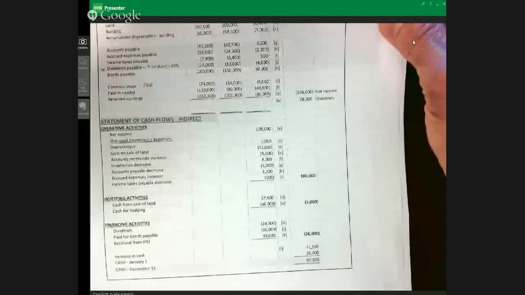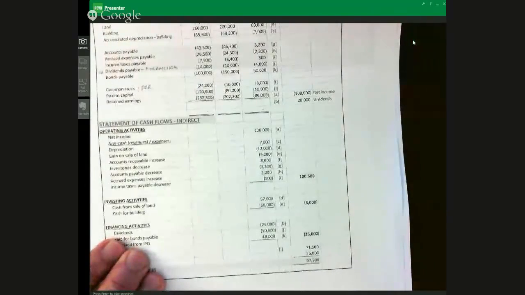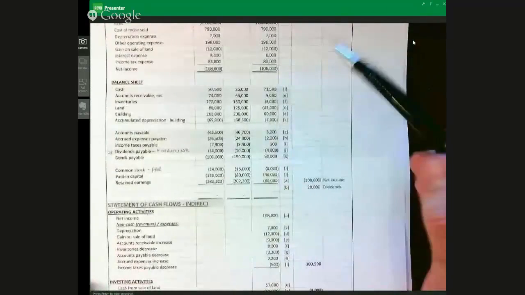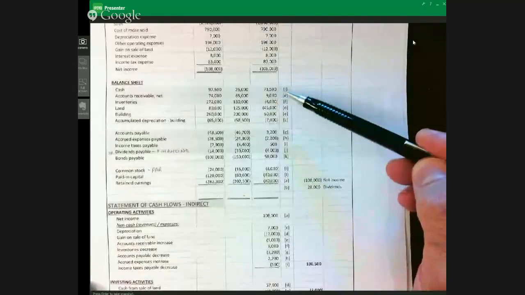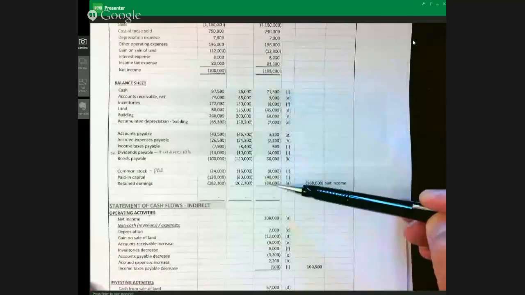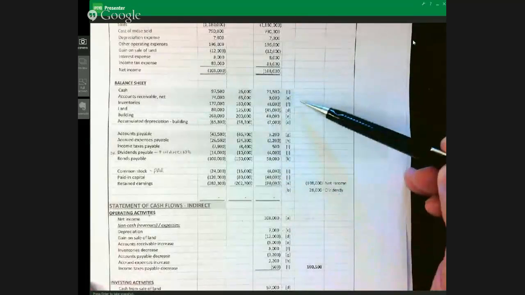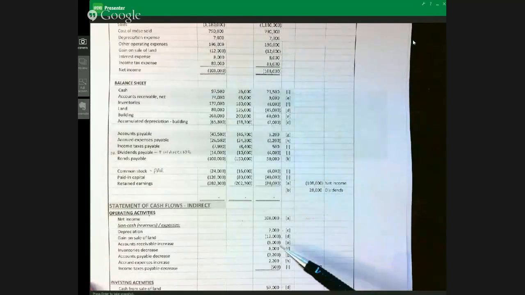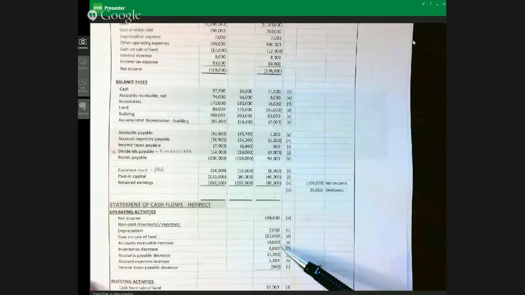Okay, that is the general background behind the preparation of the statement of cash flow. To summarize, the change in cash can be explained by the changes in all the other accounts. Whatever debit is necessary to explain a change in the balance sheet is offset by a credit to the statement of cash flow.